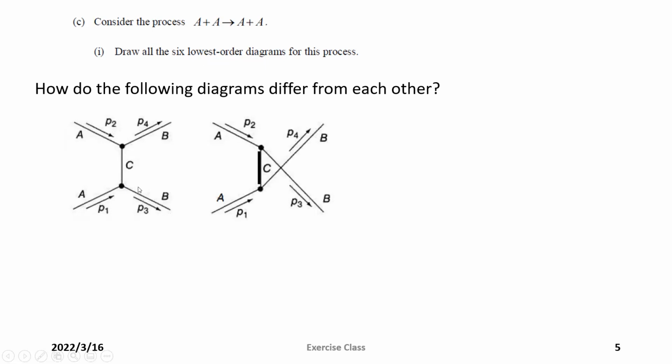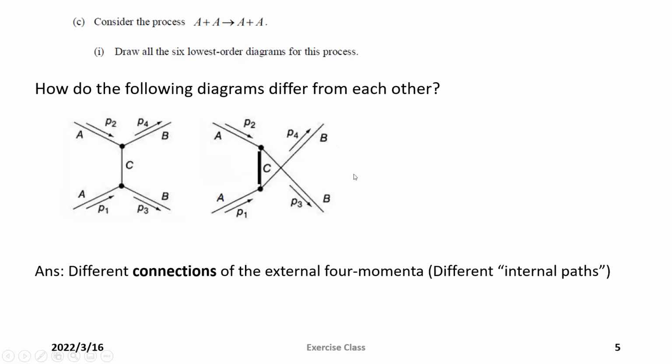So you may have seen this in your lectures. This is the process of 2A into 2B scattering. And when calculating with the Feynman rules, we actually consider two diagrams like this. And you may wonder how these two diagrams differ from each other.